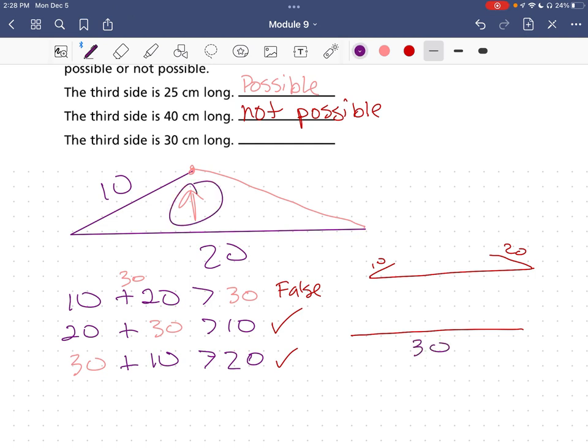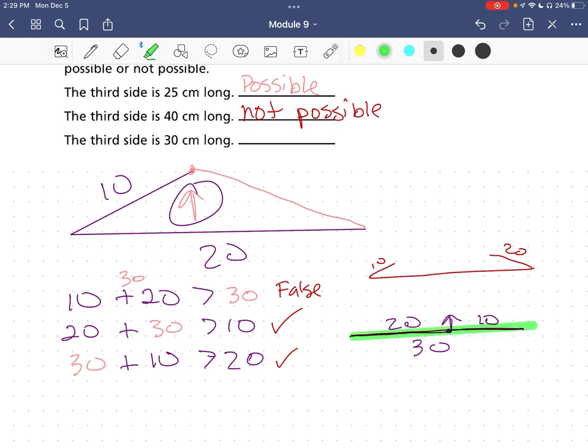You would have 30, and this would be 20, and this would be 10, and they could reach just barely high-fiving each other, but there is no distance in between that bottom 30 and your 20 and 10. Because note, this right here is greater than 30, not greater than or equal to. It has to be greater than 30, so you have that distance within your triangle here.